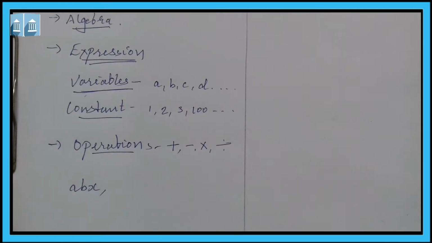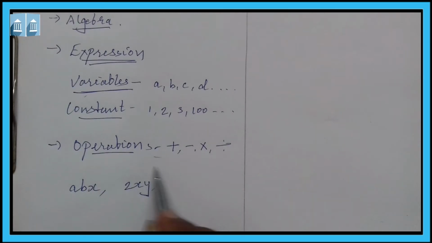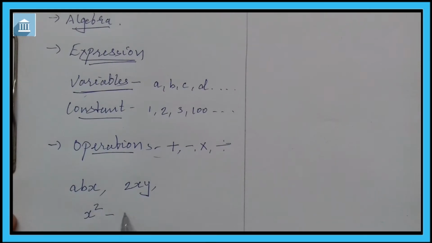Then with constant and variable, 2x, y, this is also an algebraic expression. With the help of operations, x square minus 2y plus 15, this is also an algebraic expression.